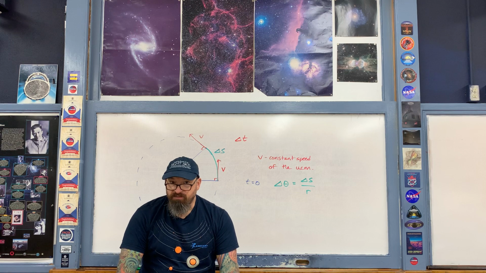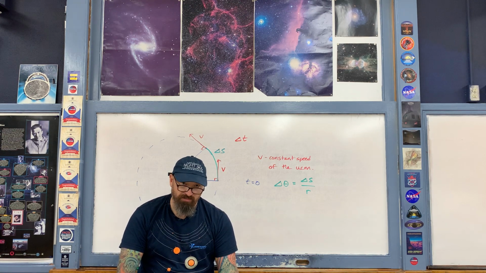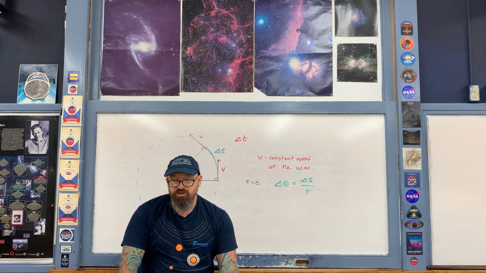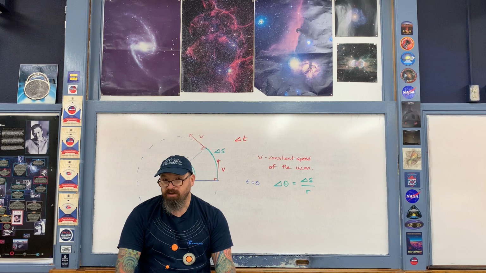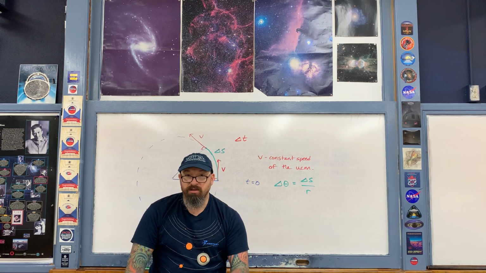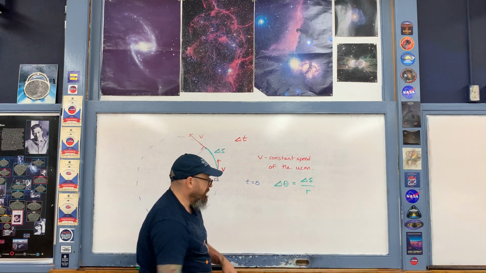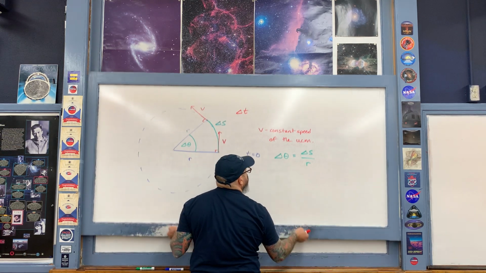So if the delta v vector points inwards towards the center of the circle, therefore the acceleration vector points inwards towards the center of the circle. So just by doing a little bit of geometry right off the bat, we have one of the things that I'm looking for. I'm looking for the magnitude and the direction, and the direction is what we just found, the direction of the acceleration vector. So let me go ahead and write this out here on the little board.